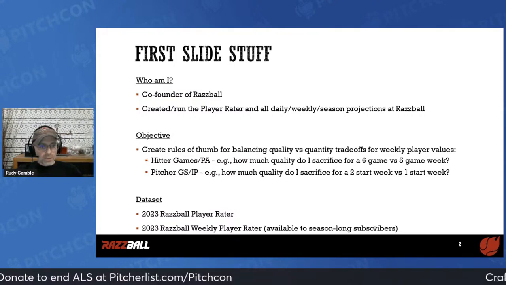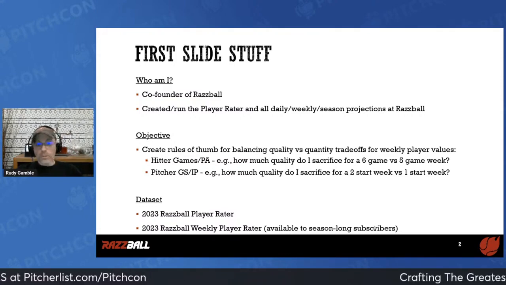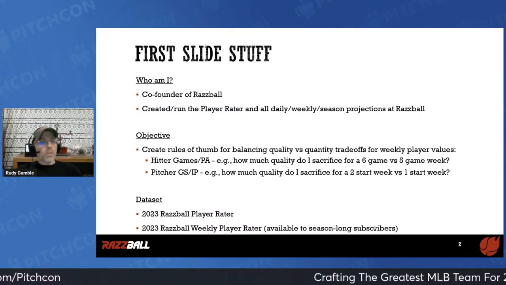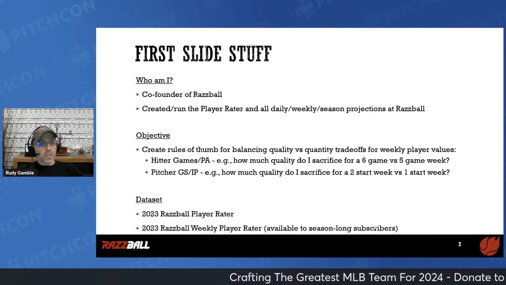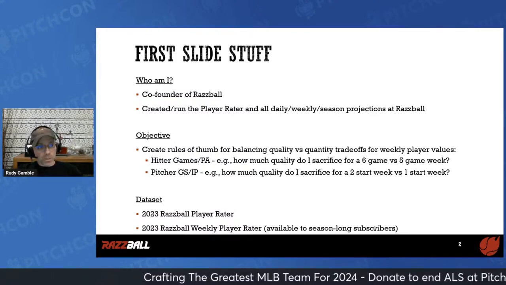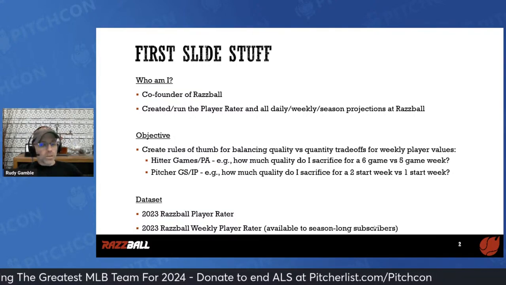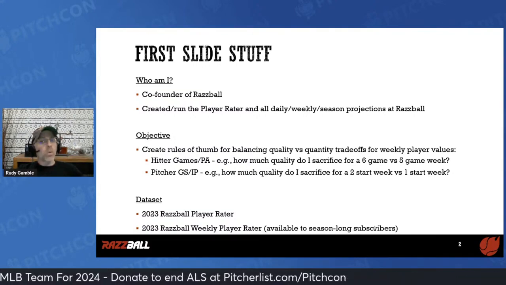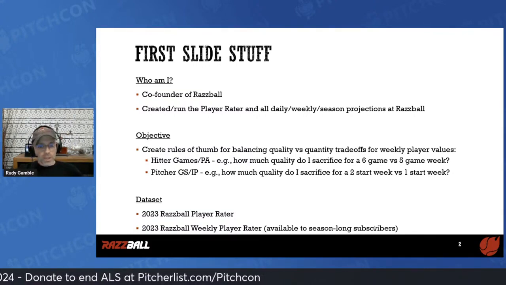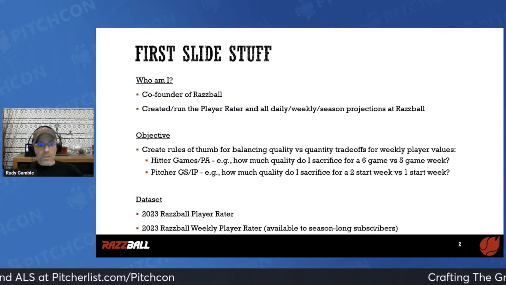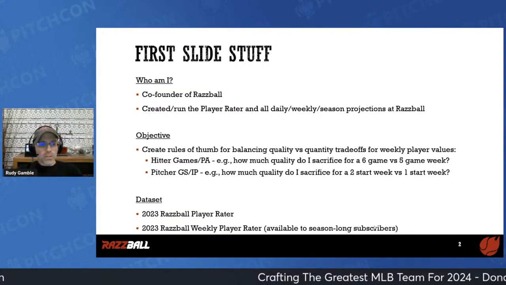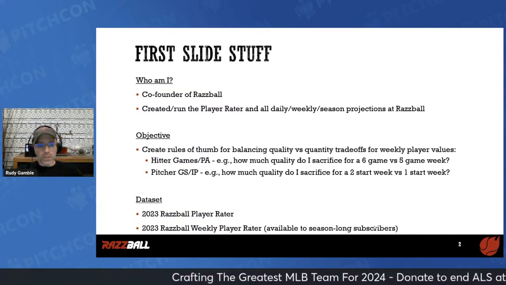The two main ones we're dealing with are for hitters: how much quality do I sacrifice for something like a 6-game week versus a 5-game week? And for pitchers, it really comes down to 1-start versus 2-start weeks. How much quality am I willing to sacrifice? Because at the end of the day, that could be your SP6 slot, your util slot. How do I choose between these two?